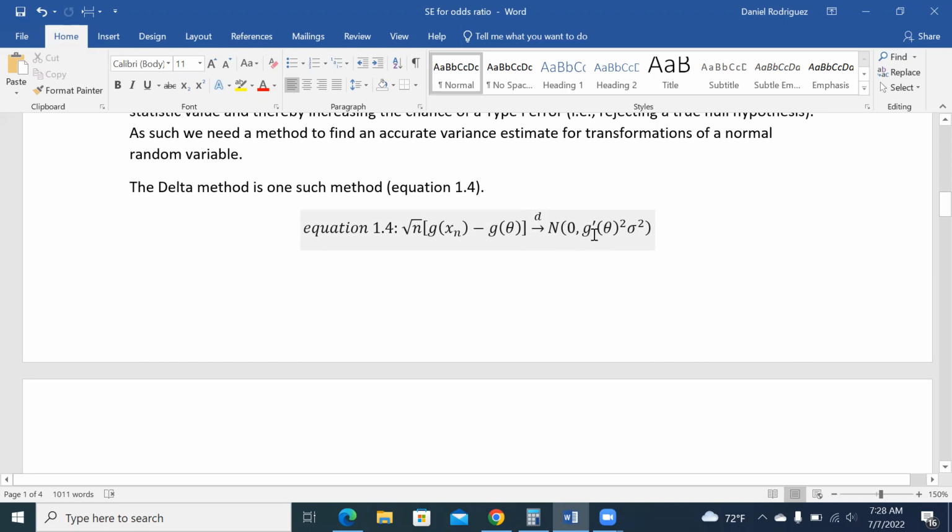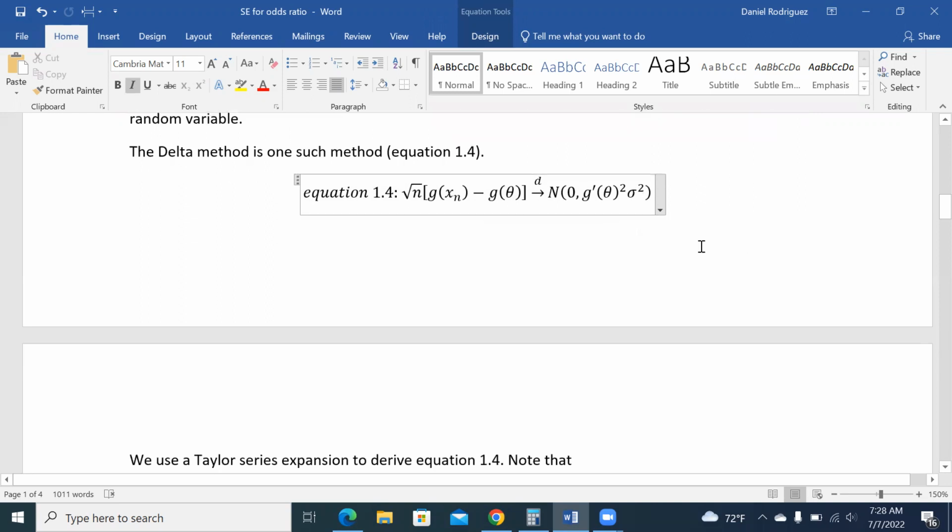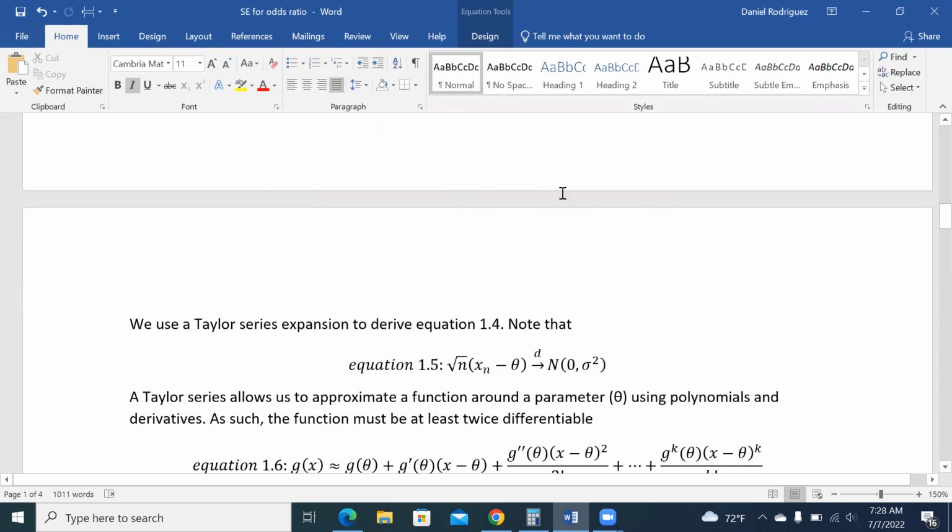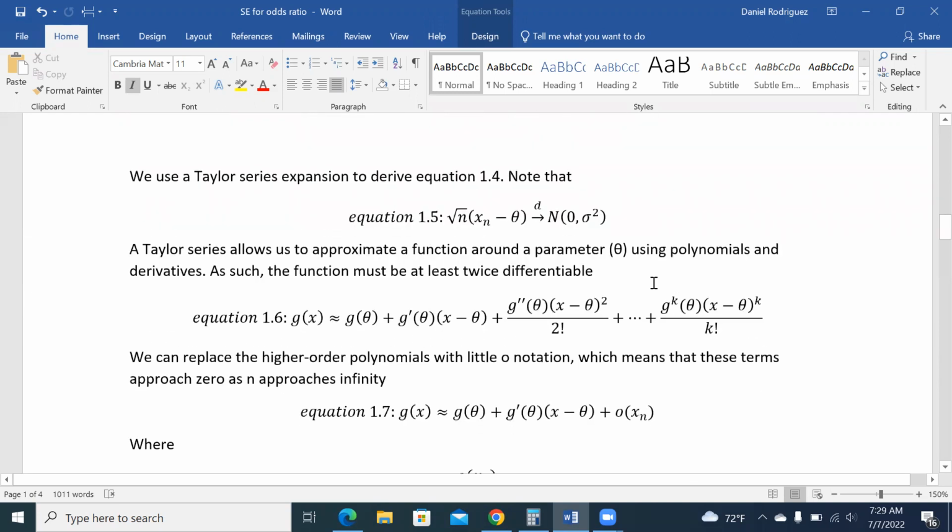And this is the variance here in this case, not the standard error. So it's the first derivative of this function at theta, squared, times the variance itself. So we're adjusting the variance because we're doing this transformation. That's essentially what we're doing here.